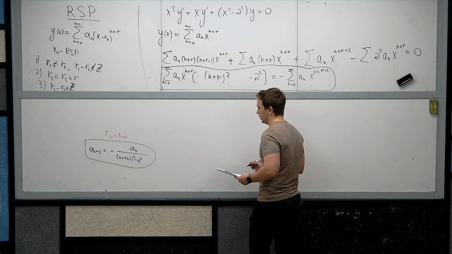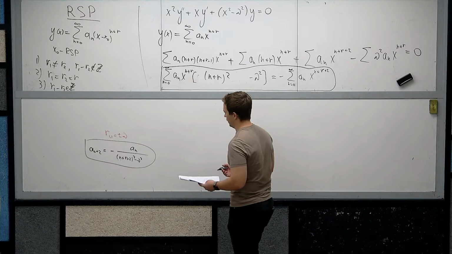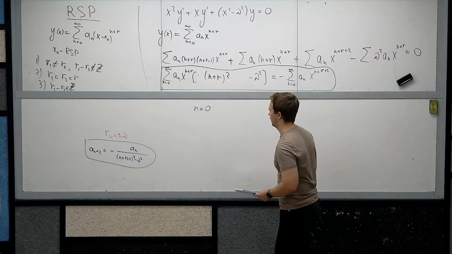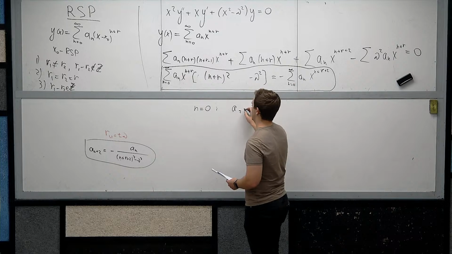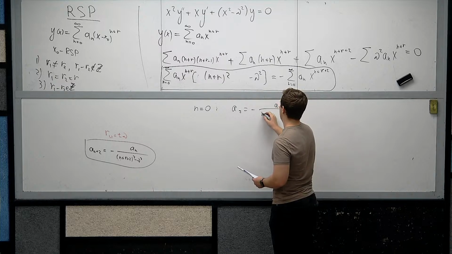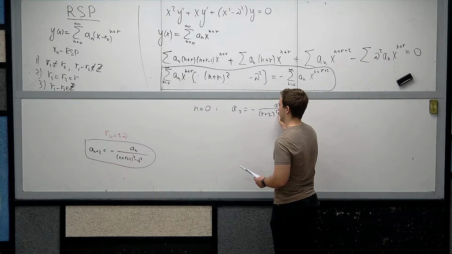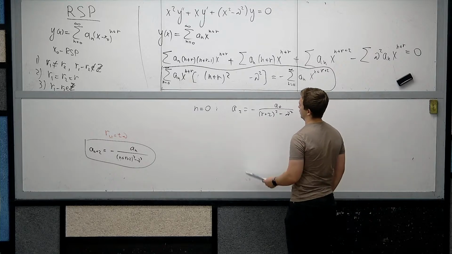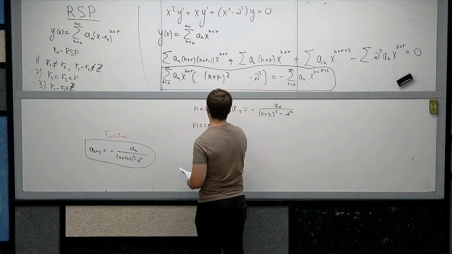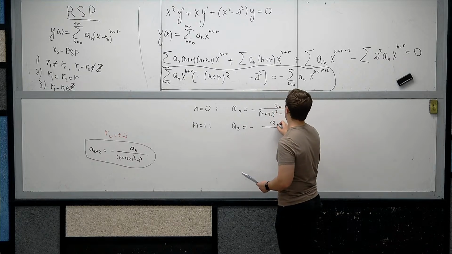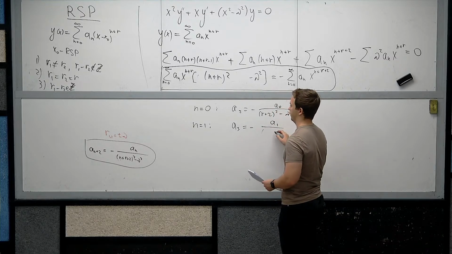So let's start with n equals 0. Okay. Then a2 is minus a naught, and here we have r plus 2 squared minus mu squared. Okay, it's our first factor.